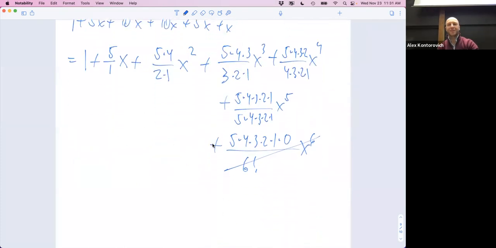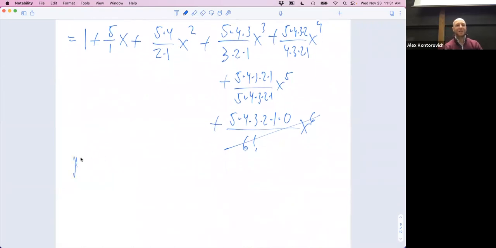So here's what Newton does. Newton says, follow this pattern. What about (1 plus x) to the negative 1? Can we work that out? Well, I should take 1 plus negative 1 over 1 x. Plus, how about this?